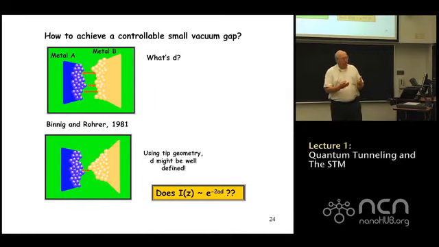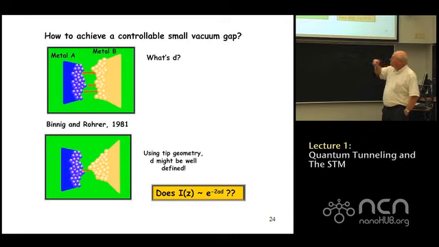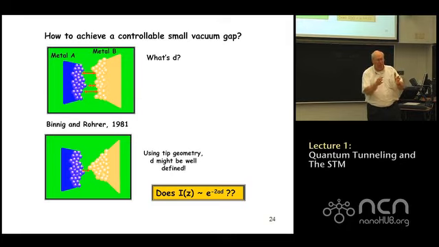So, to go back to the original problem of probing a metal surface with a tip, the reason this tip geometry is so useful is because it eliminates all kinds of possible mini gaps that might occur between a bulk metal and a bulk tip.